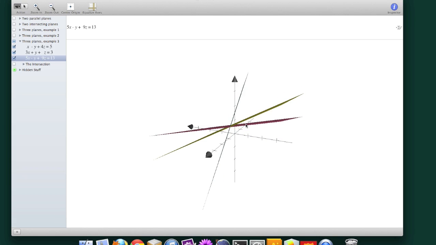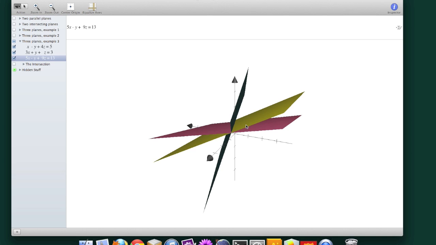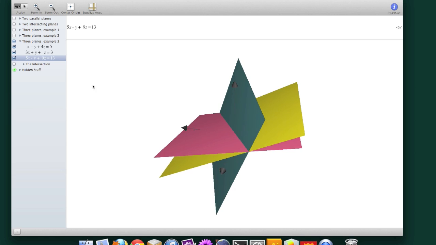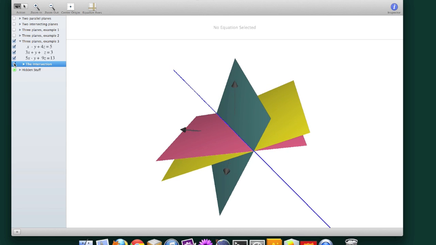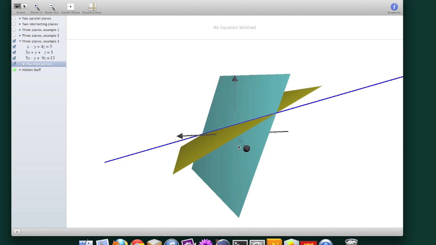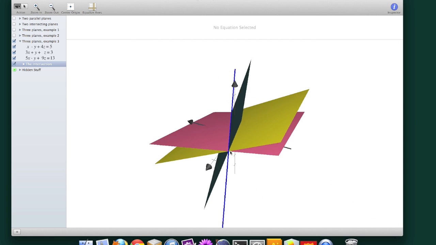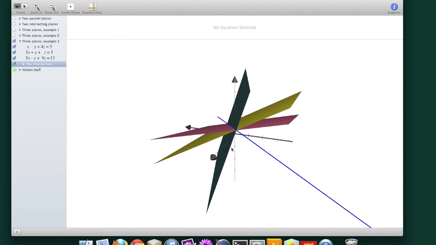Notice that all three planes do intersect. They intersect along a line. So every point, let's see this intersection. Every point on this blue line is on all three planes. So there are an infinite number of solutions, and we can specify them in that parametric form like this.